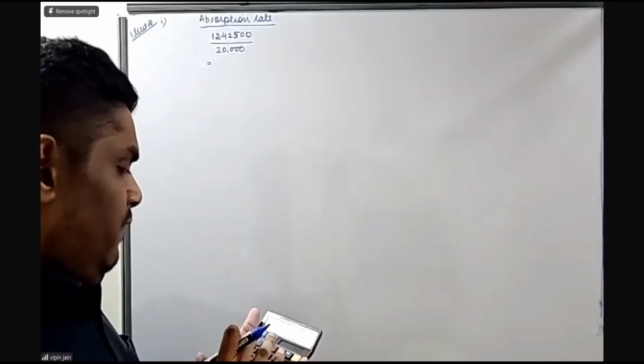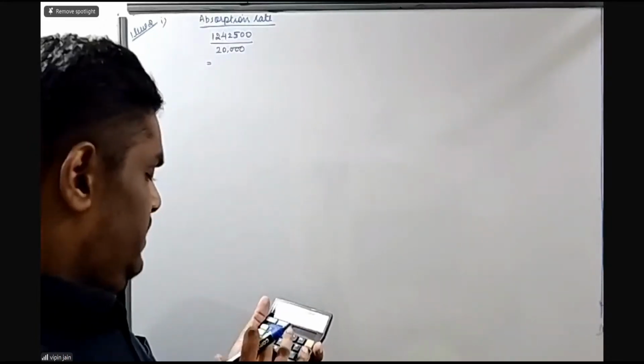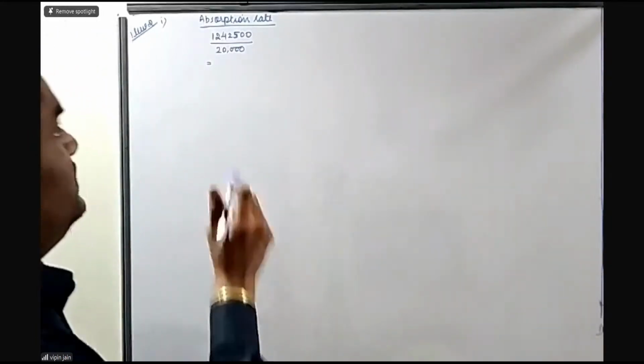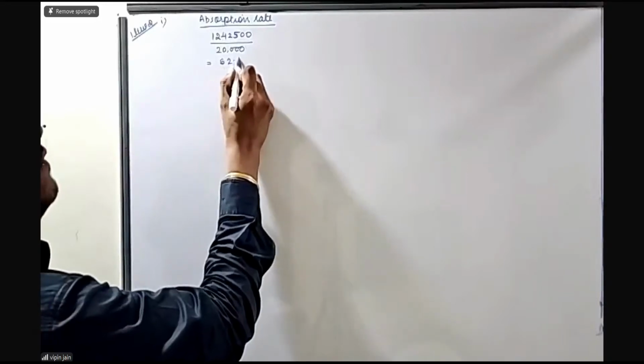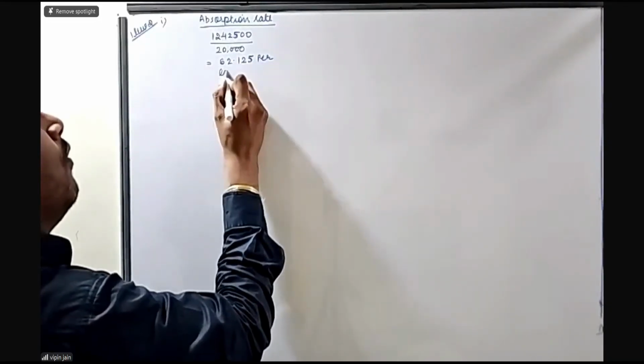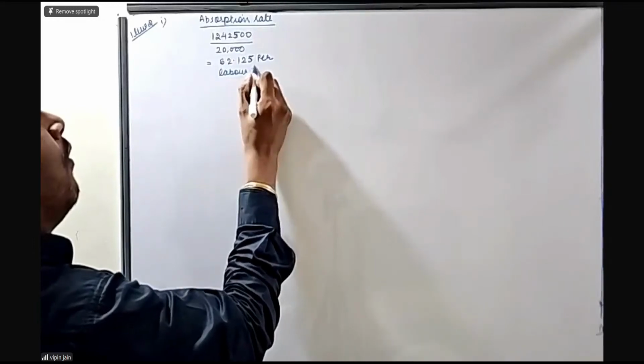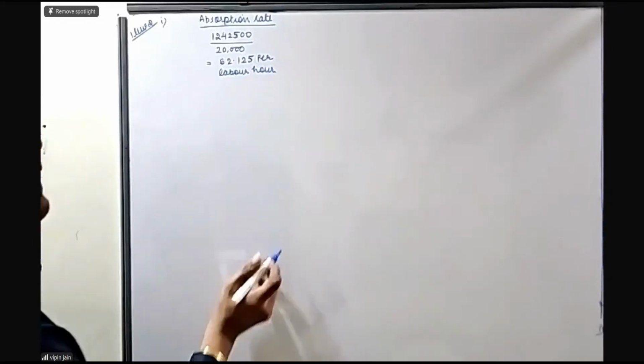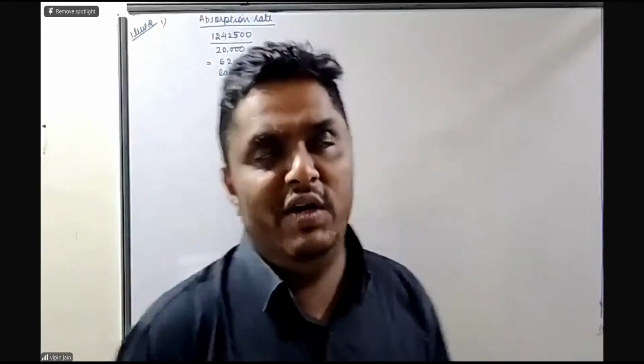That is 12,42,500 divided by 20,000, so 62.125 per labor hour. Now, statement showing calculation of unit cost.